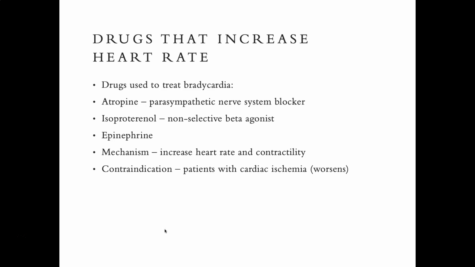Their mechanism is all to increase heart rate and contractility. They do it all a little bit differently, but ultimately that's what they're doing, is increasing heart rate and contractility. None of these are given to patients who have cardiac ischemia. Remember we talked about ischemic heart disease, because atropine, isoproterenol, and epinephrine all worsen that ischemia.